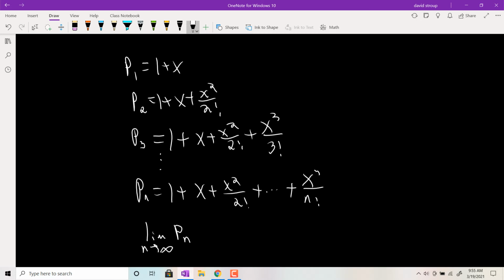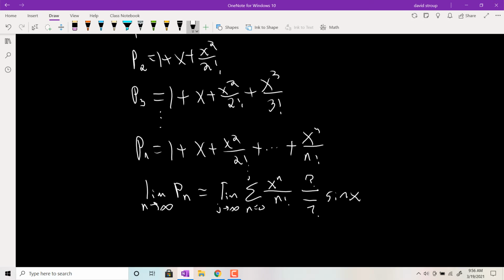That will be the limit of the sum of x to the n all over n factorial from n equals 0 to some variable, let's do j, as j goes to infinity. And we're hoping that that thing will converge, which is still an outstanding question, to the sine of x.